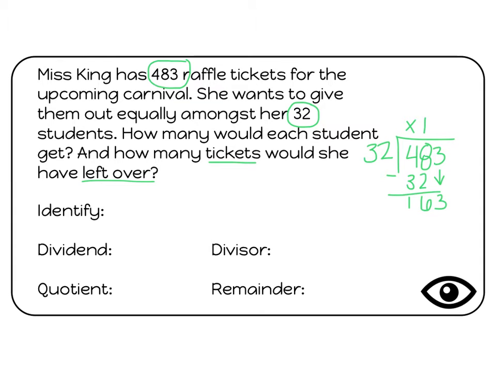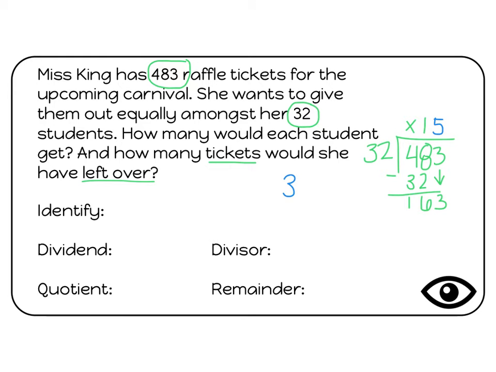Now, if we think about how many times 30 can go into 160, we can count by 3s or 30s to get there. 30, 60, 90, 120, 150, 180. 180 would be too much, so it's going to be 5 times, and we'll need to multiply to see what that is.